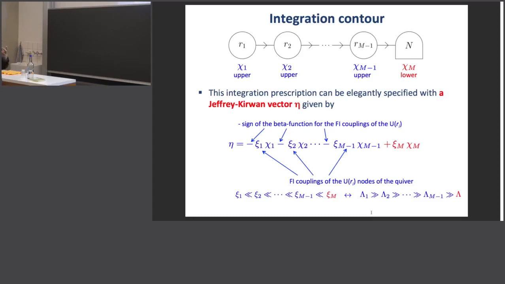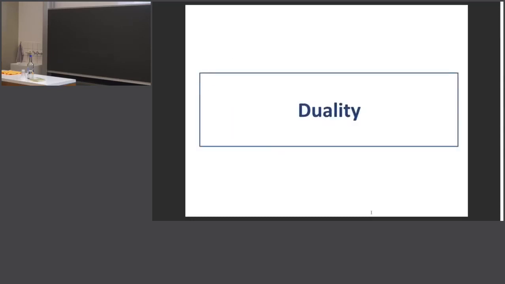Or you may ask, what happens if instead of this integration contour, I decide to integrate with a different rule? Do I get a different result? What is the meaning of that? And that's why now I switch to the last part of my talk, namely discussing duality.